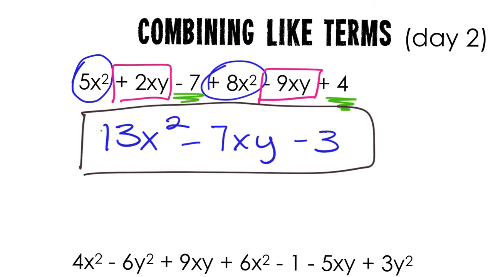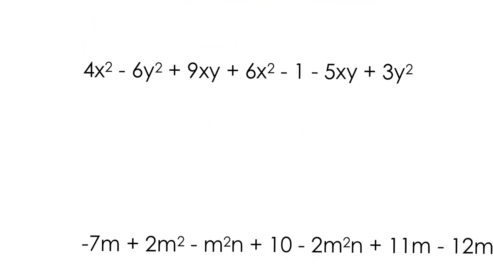Now we're going to have two variables as well as exponents involved. Still the same process. I'm going to mark up the expression. Go ahead and mark yours up, and I will mark mine up with the combining like terms.